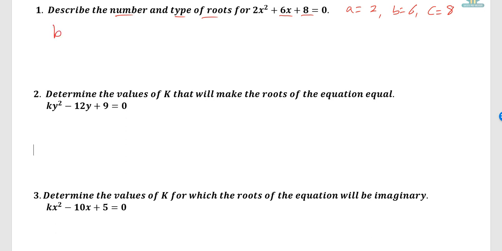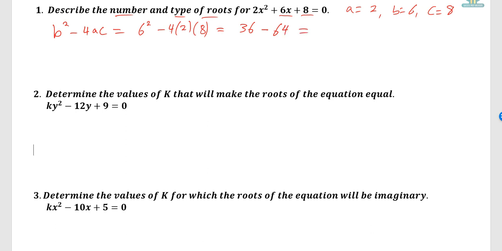So our discriminant is b squared minus 4ac, which is equal to 6 squared minus 4 times 2 times 8, which is equal to 36 minus, so 4 times 8 is 32, times 2 is 64, right?